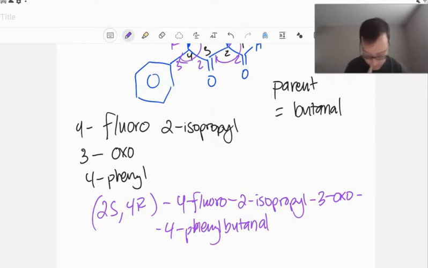No, not IUPAC rules. Might be some common things about that, but nope. They are different functional groups. They have different names.